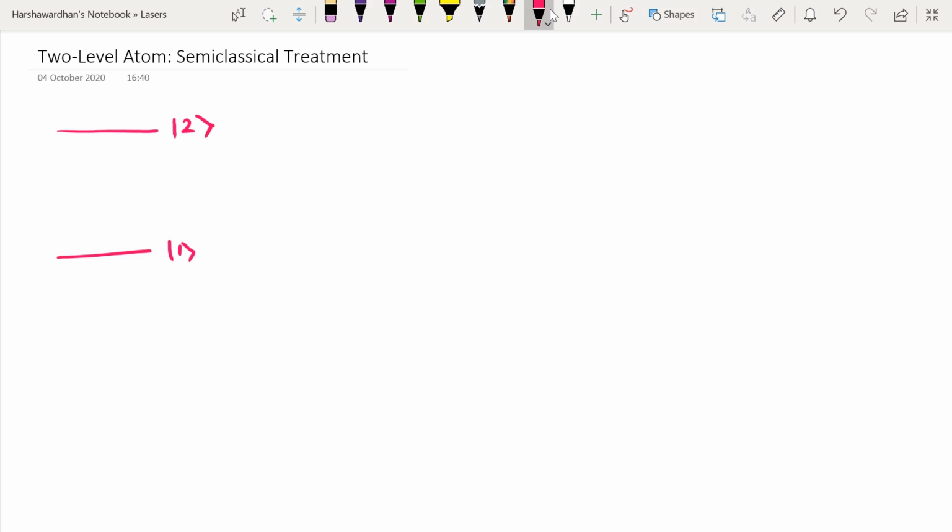So in this two-level system, what are the possibilities? I'm looking at a radiative interaction of the atom with light. I can come in with a radiation which is nearly resonant. So this is the energy H cross omega, where omega is the angular frequency associated with the radiation, and H cross omega 21 is the atomic energy.